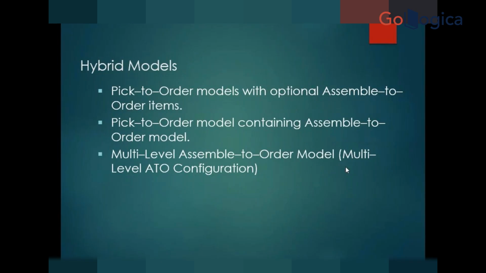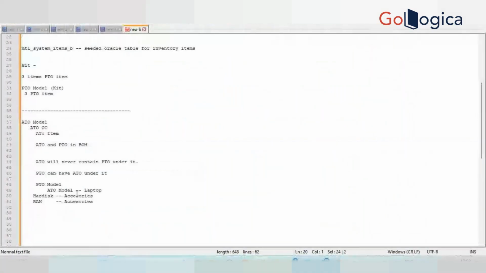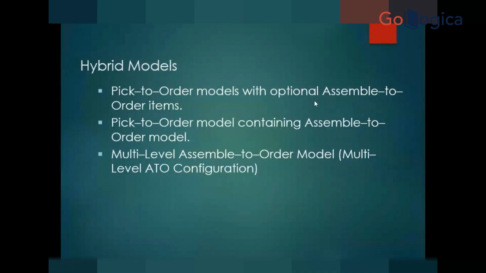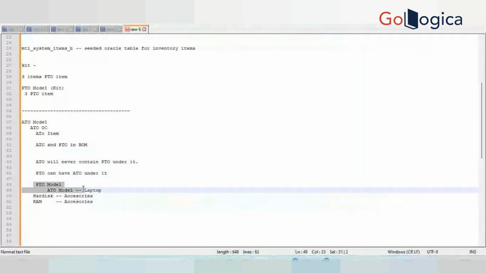Now let's move on to the hybrid models, as I explained. Pick to order models with an optional ATO model, that is, PTO with optional ATO model. Sometimes the laptop will not be mandatory.